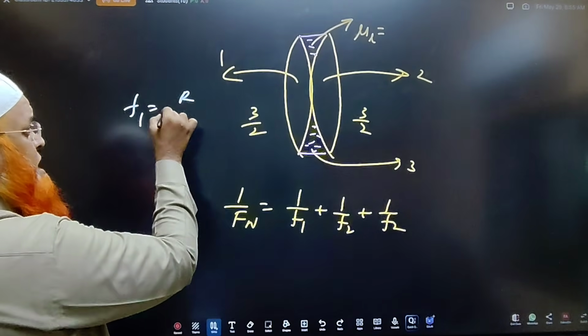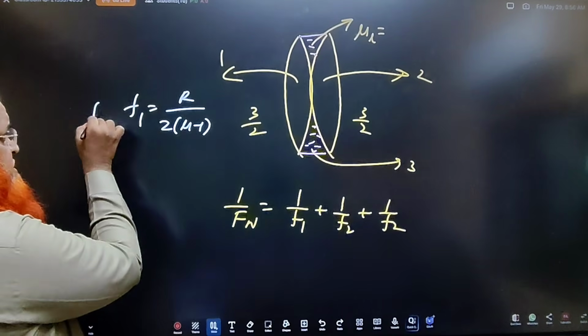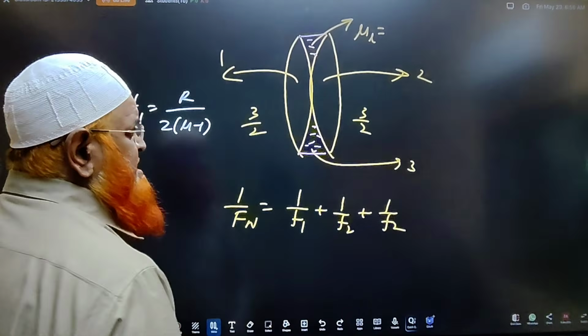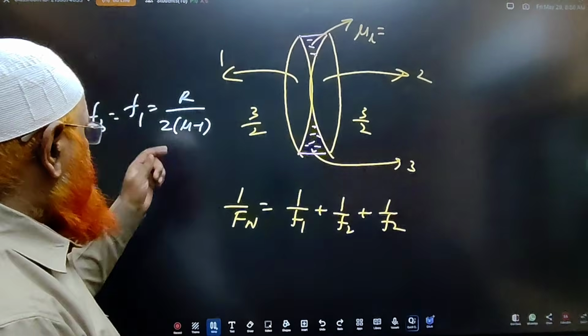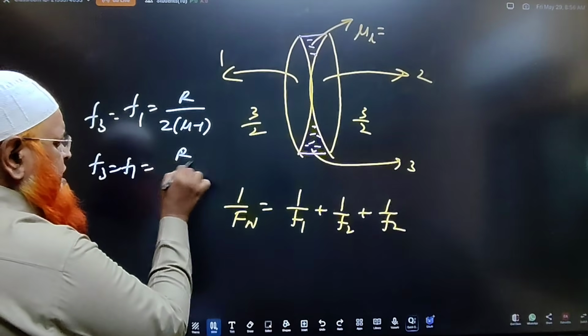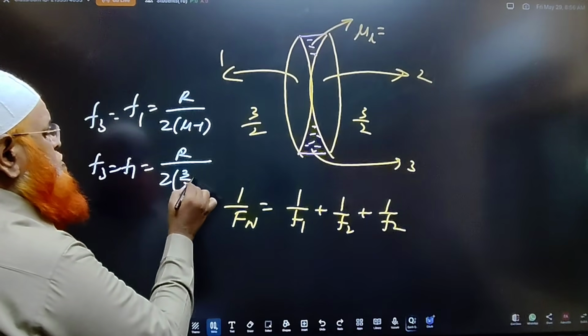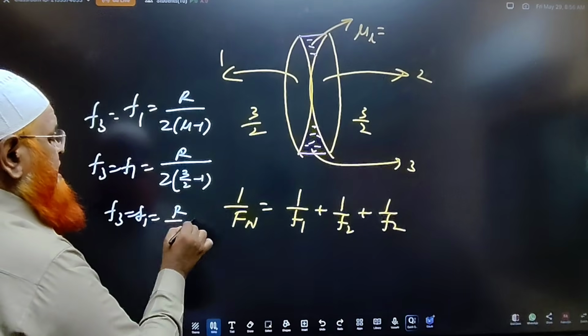Equiconvex lens means R by 2 into mu minus 1. And F3 is also the same, because both are same lenses having same refractive indexes. Both are same values, so apply the same formula for both. F3 equal to F1 equal to R by 2 into 3 by 2 minus 1.